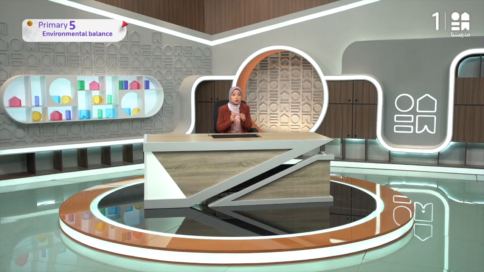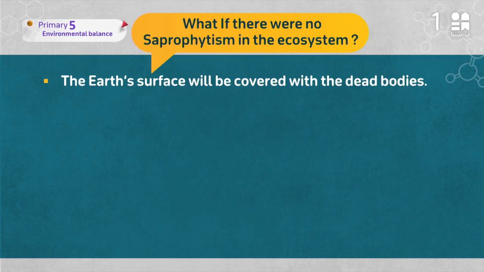لما هي بتعمل decompose للdead body بيبقى في الdead body ده some elements ممكن البيئة ترجع تستفاد بيها تاني، فهي بتاخد الاليمنتس دي وترجعها تاني للانفايرمنت، فبالتالي في other animals or other organisms can benefit from it. فبيحصل ايه؟ recycling للelements. طيب what if there were no saprophytism in the ecosystem؟ ايه اللي يحصل لو مفيش saprophytism في الايكوسيستم؟ يعني مفيش decomposers هيعملوا decompose للdead bodies، يبقى اكيد الdead bodies هتفضل موجودة.